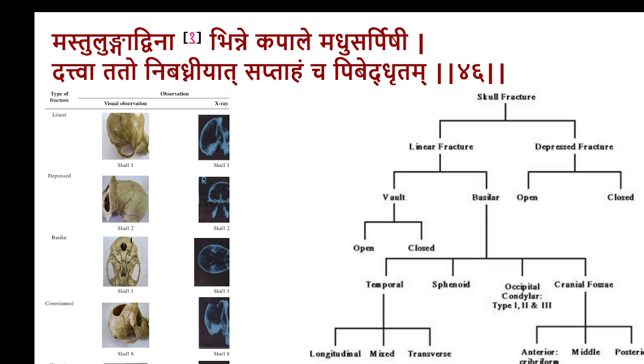Then in case of the head injury, Mastulunga Vinabhine Kapale Madhusapishi Dharpa Kapa Nibadniyad Sapaham Vivek Dhrutam. Now in case of skull fractures, the important issue is whether the fracture is a simple linear fracture, a depressed fracture, or basal, where there is a fracture of the basal area. The complications and issues would have to be dealt with in a different manner.